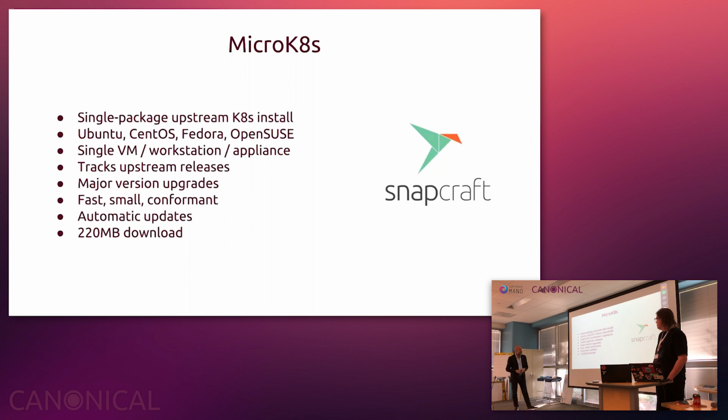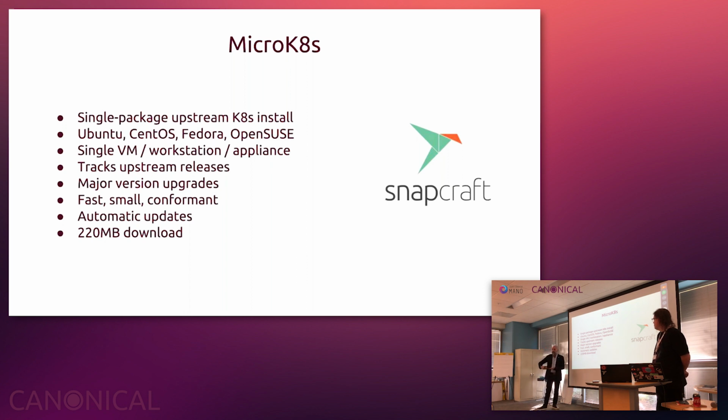It tracks upstream releases, so actually you'll find you can get microkates versions of Kubernetes 1.11 and 1.12 and 1.13 and so on, and point releases of that. So if you've installed 1.11, then you'll get 1.11.1, 1.11.2, 1.11.3, and you can hook it up to what we call an edge track, which means when upstream builds a new commit, which happens fairly frequently with Kubernetes, it will be downloaded to your machine.